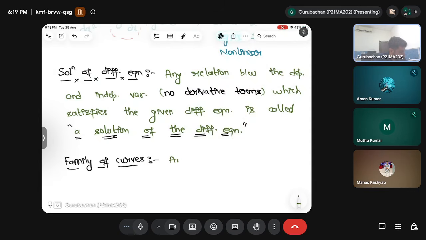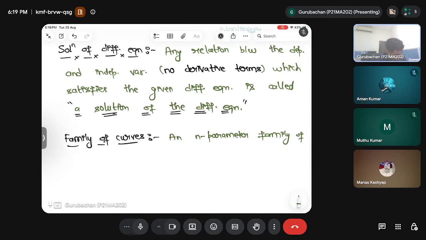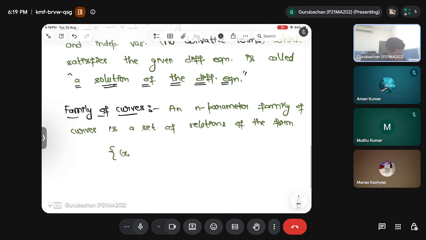So an n-parameter family of curves is a set of relations of the form: all those x, y such that f(x, y, c1, ..., cn) equals 0, since we are saying n parameters, so there will be n arbitrary constants.